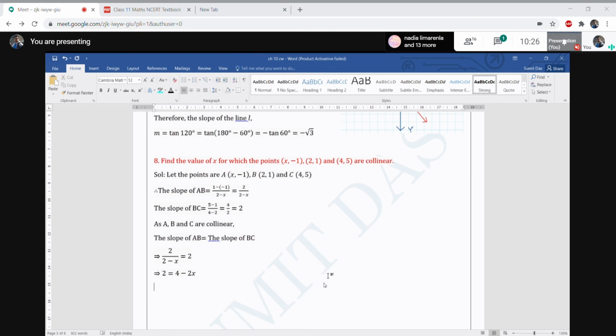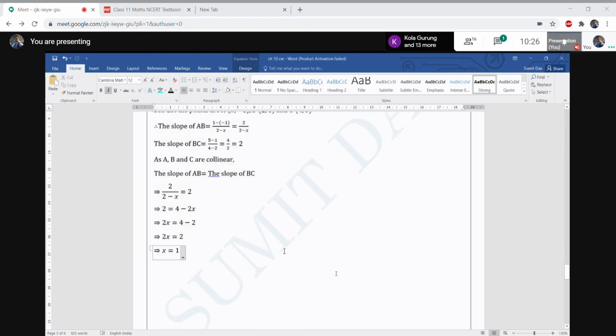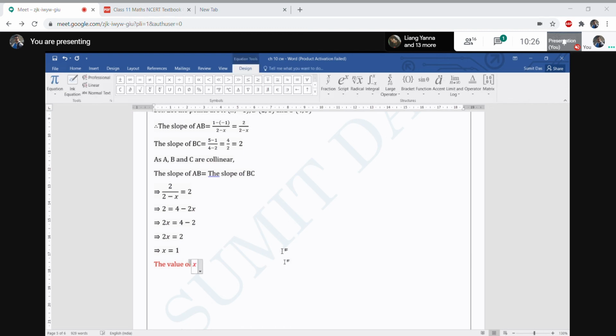If you just cross multiply, then take 2x to the left hand side and 2 to the right hand side, so it will be 2x equal to 2, which implies x equal to 1. So the value of x is 1.